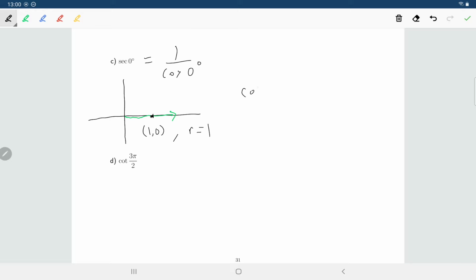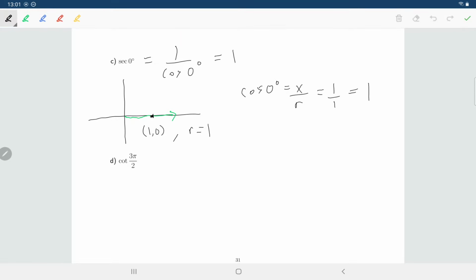We know that cosine of 0 degrees should be the x-coordinate over r. The x-coordinate is 1, and r is 1, so cosine of 0 degrees is 1. And since secant is the reciprocal of cosine, then secant of 0 degrees should be the reciprocal of 1, which is also 1. So there we go. Secant of 0 degrees is 1.